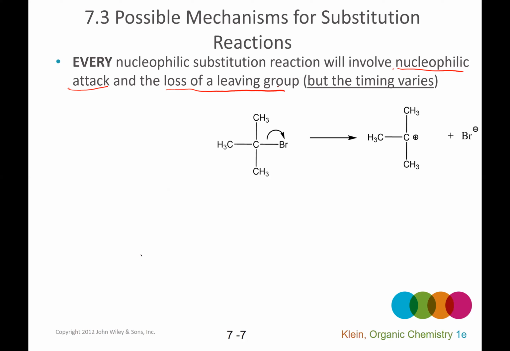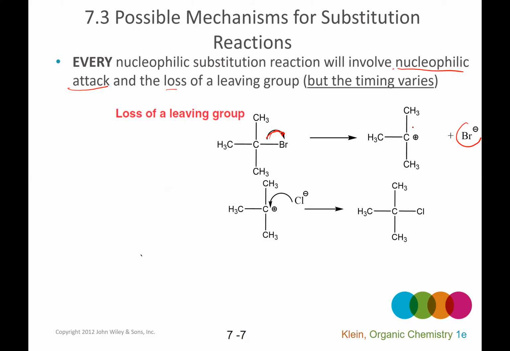In one mechanism, and here's just an example substrate, the first step is loss of a leaving group. See? The bond here is breaking. And you're losing the leaving group, you're forming a carbocation. And then in the second step, the nucleophile forms a bond to the positive carbon, right?